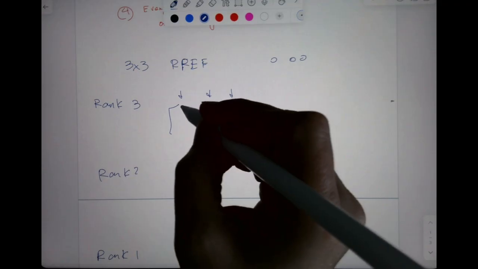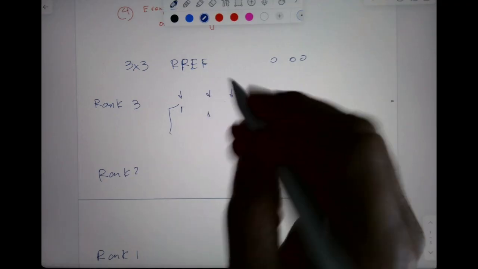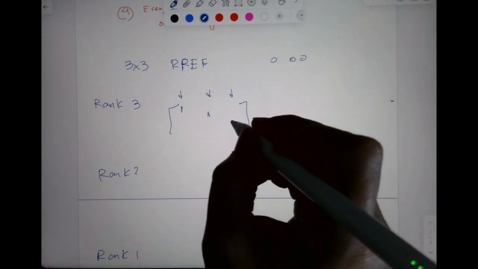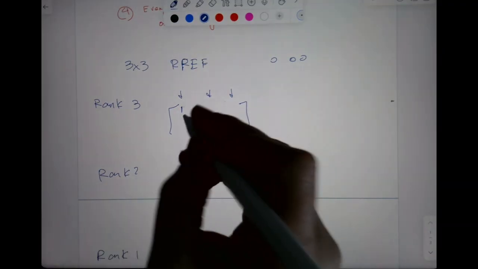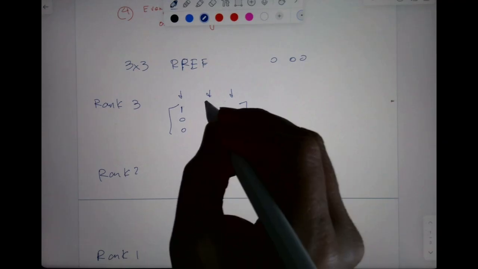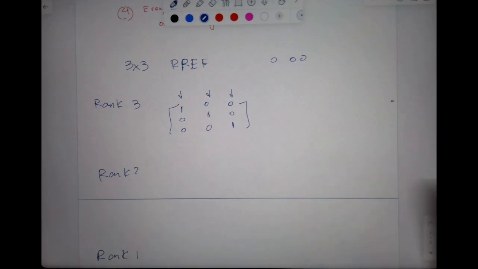So basically, I have to start with one in here, because of the zeros above and below, right? And then one here. And then I know that below this has to be 0, and above and below this has to be 0 and 0. And that's the only way I could do a rank 3.